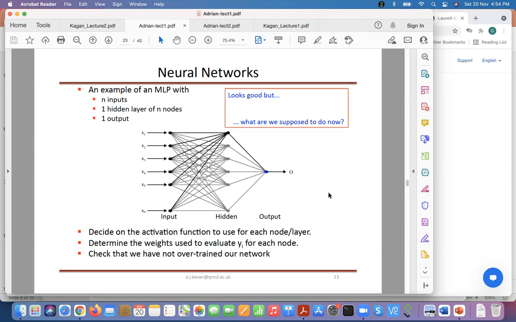Is my problem complex enough that it warrants more hidden layers or not? That will be decided by the complexity of the problem at hand.